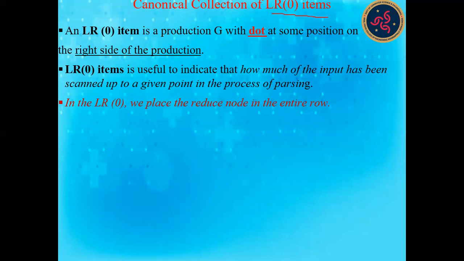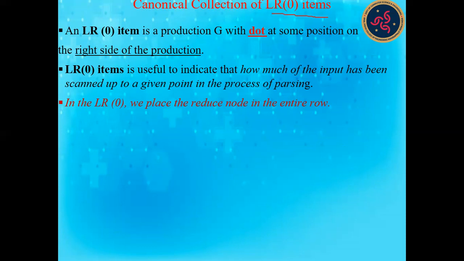Since we are constructing the SLR parsing table, we need LR0 items. We add a dot operator at some position on the right-hand side of every production in the grammar G prime, and then we can say it is an LR0 item.